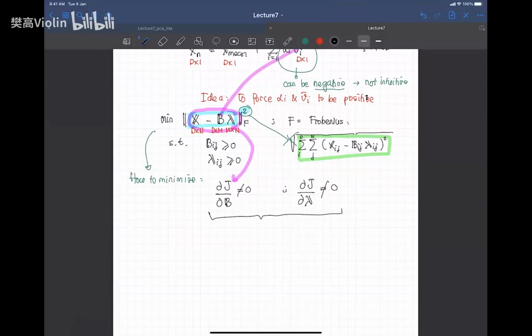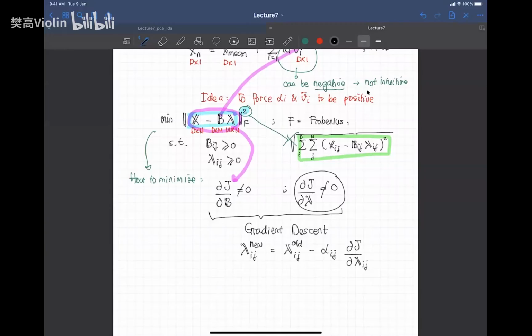Yes, you use gradient descent. That's basically the idea here. You know gradient descent, right? For example, lambda Ij new equals lambda Ij old minus alpha Ij multiplied by dJ divided by d lambda Ij.